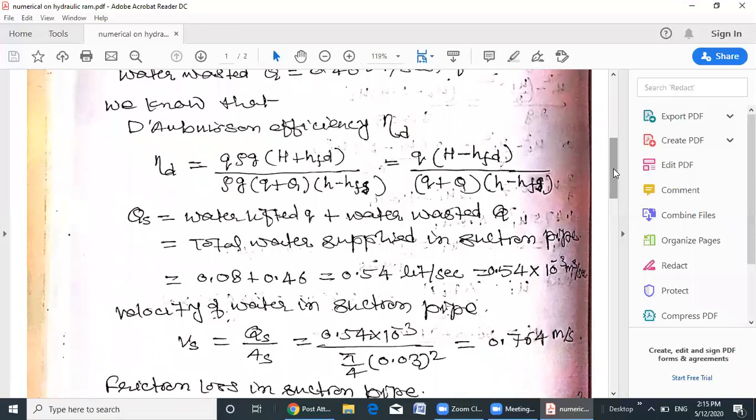Now, Qs, the notation, this is nothing but the supply water, discharge of supply water. That is water lifted plus water wastage. That is q plus Q. It will give the Qs.